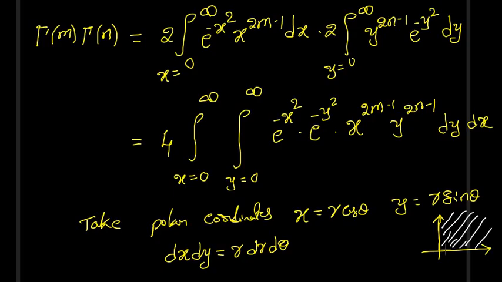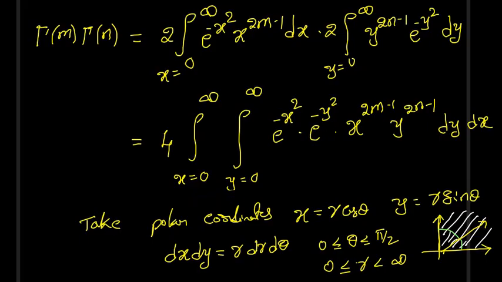And what are the limits of the first quadrant with respect to the polar coordinates? Theta varies from 0 to pi by 2, so 0 less than or equal to theta less than or equal to pi by 2, and the radius starts from 0 and keeps going, so 0 less than or equal to r less than infinity. So these are the limits of integration.